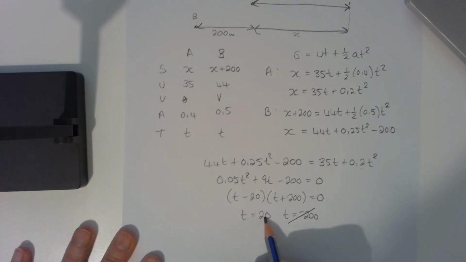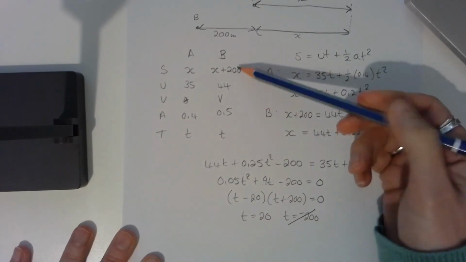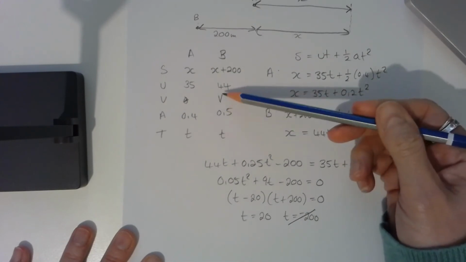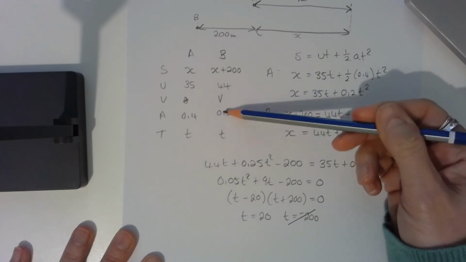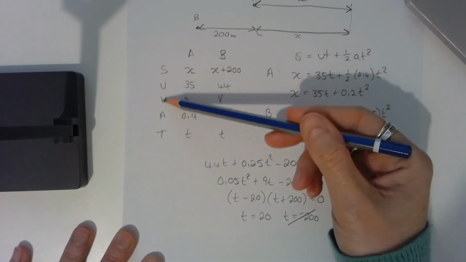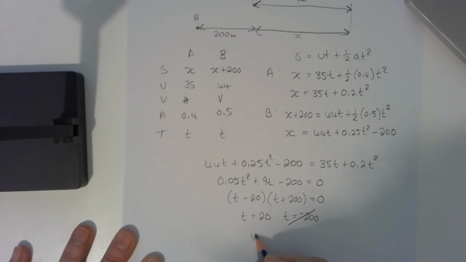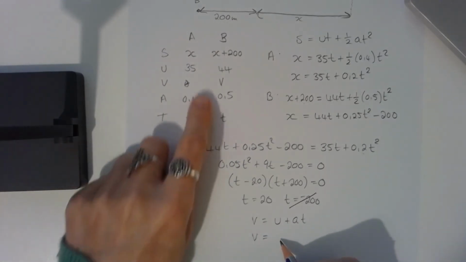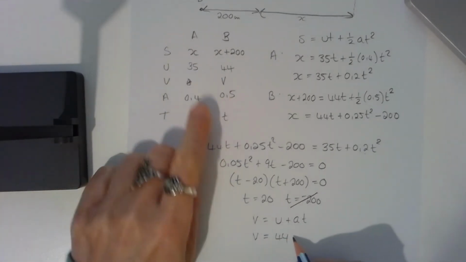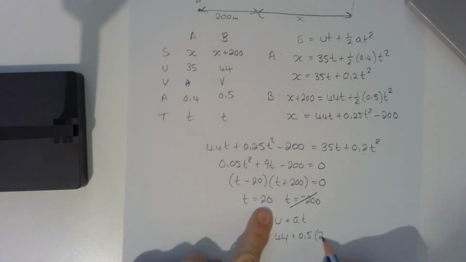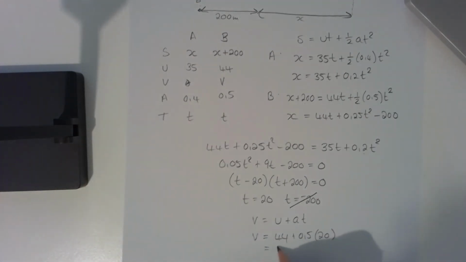Now that I've got t equals 20, if we look back at what we've got for B, if I know t, then I've got four things involved in an equation. I don't need to use my x. So I've got u, v, a and t. Using v equals u plus at, v is equal to 44 plus 0.5, and now I know time is 20, so that's equal to 54 meters per second.